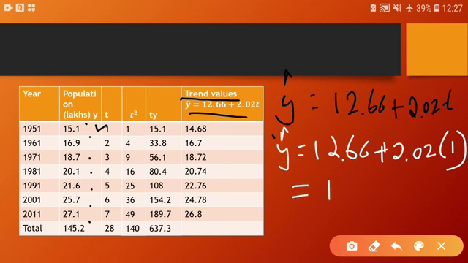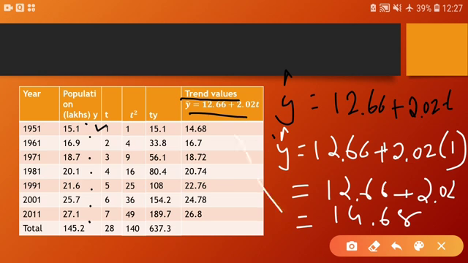So it's 12.66 plus 2.02, which is 14.68. This is the trend value for t is equal to 1.